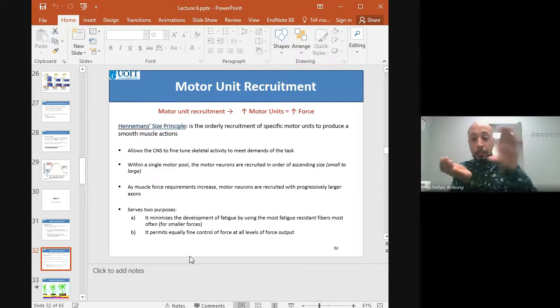So it's going to naturally decrease the size of the ones that are bigger to make them more endurance. Hopefully my hand movements really just demonstrated that for you. Does that make sense, everyone, in terms of training and why training would change the characteristics of a motor unit?